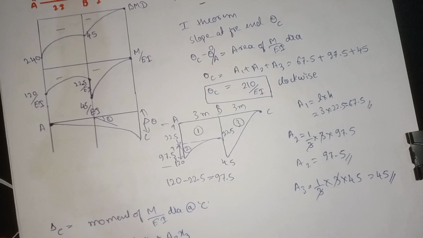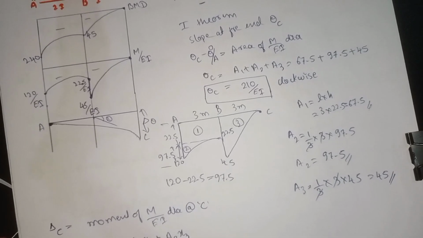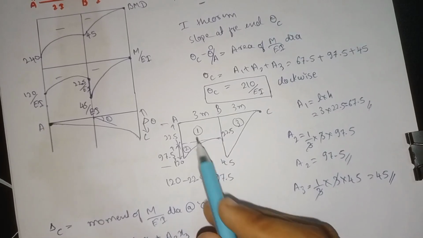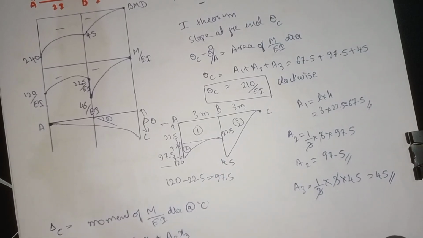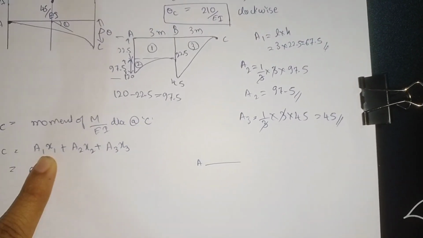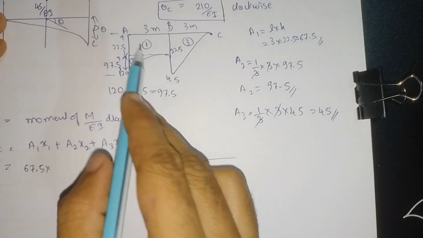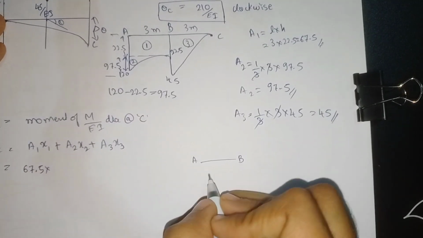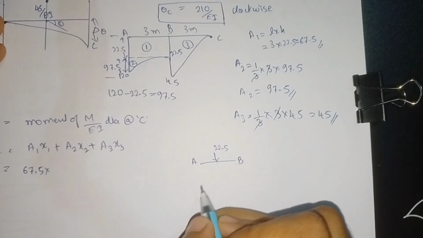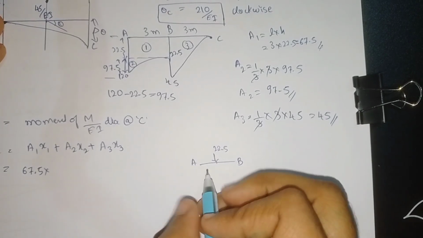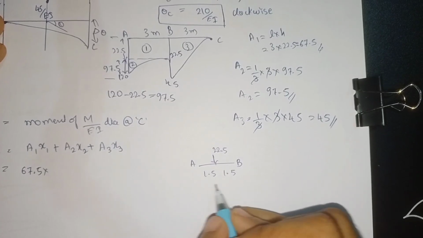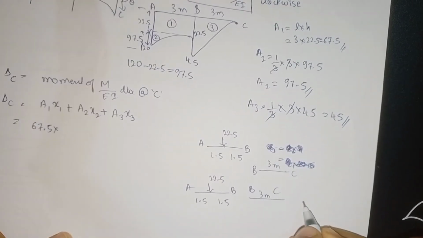A1 value is 67.5 into x1. To find the x1 of this rectangle, for AB we have this point load 67.5 acting at the center. Here the 3 meter means here also 1.5, here also 1.5 distance.